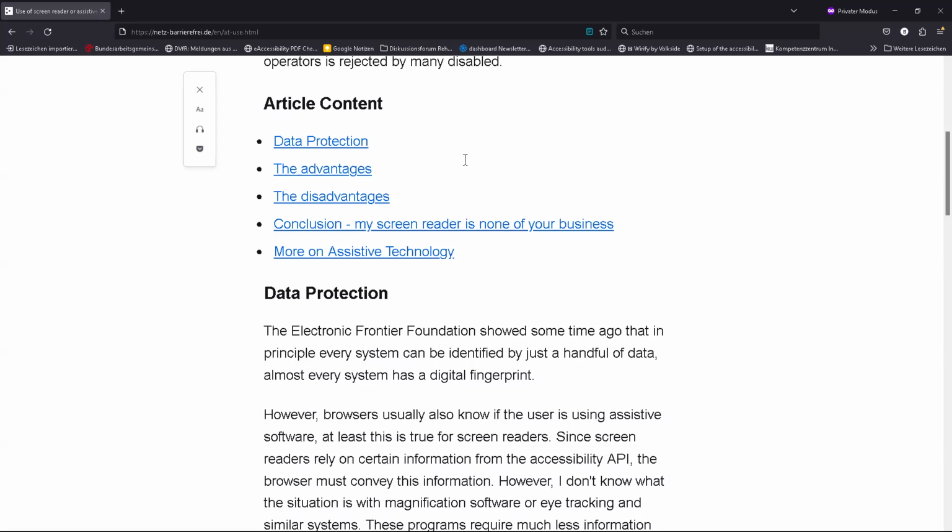The thing is, this is not so in apps, because in apps you can detect this.